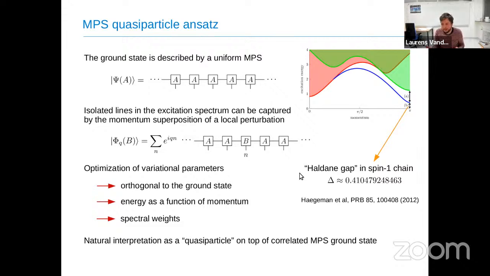And it's also very nice numerically: for example, for the Haldane gap in the spin-1 chain, you get more or less 10 digits of precision at relatively small bond dimension, like bond dimension 200 or something. So this really means that this is the ansatz for describing these isolated lines in the spectrum.